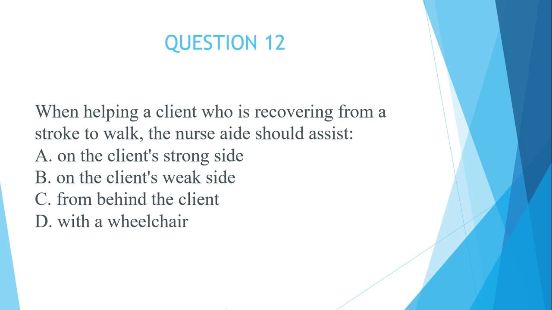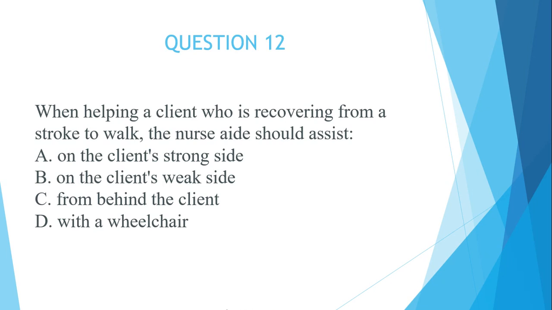So that's where you need to stand to help that person while he or she does whatever he or she wants to do with the stronger side. When you're walking this person, you need to stand slightly behind the person on the weak side. So the answer is client's weak side.